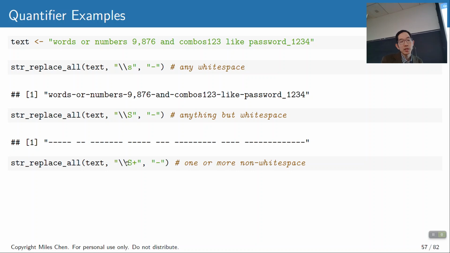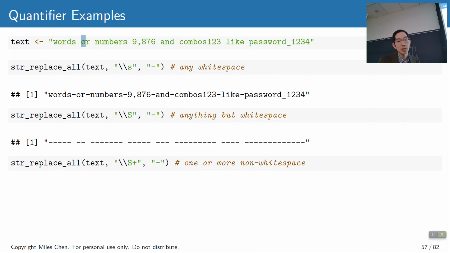So the \S will match the non-white space, which is the W. It matches the O, it matches the R, it matches the D, it matches the S. It encounters a space character, so that it no longer matches. And this says 1 or more. So this entire thing matches the pattern of 1 or more non-white space characters. It's going to replace all of WORDS with a single dash.